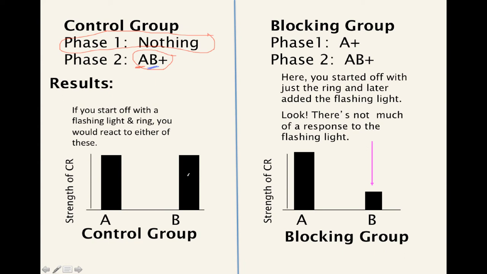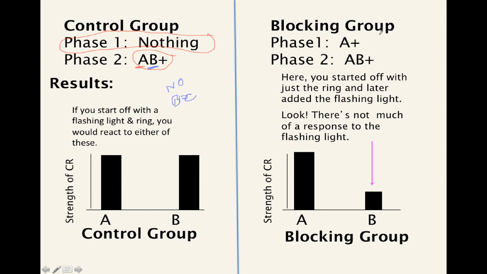And if you do that, as long as there's no overshadowing, you could potentially get equal conditioning to A and B. So you can see that the strength of the conditional response to answer the phone is pretty equal, both if you just hear the ring and if you just see the lights flash, because there's no prior history and so there's no blocking here.